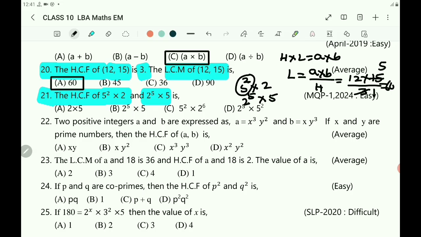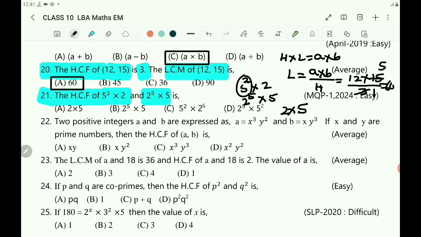Then you take 5 and 2. Why? Because while finding the HCF, we have to consider the common factors, and for HCF we have to take the lowest power.